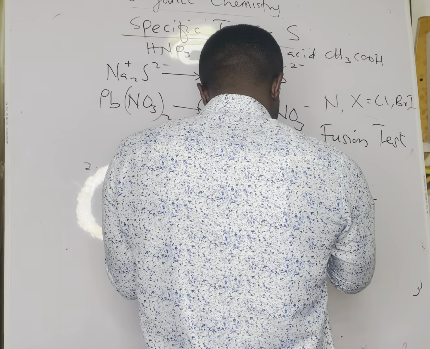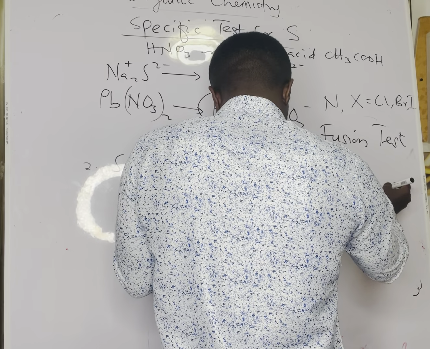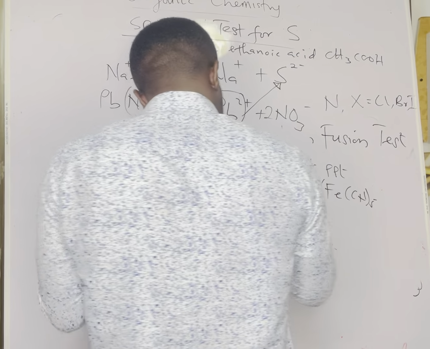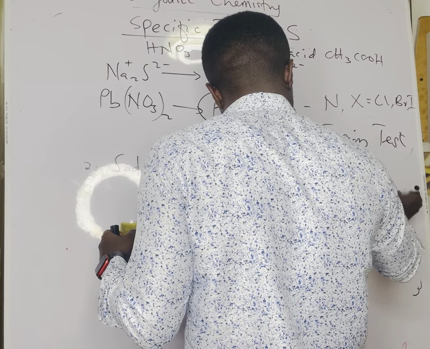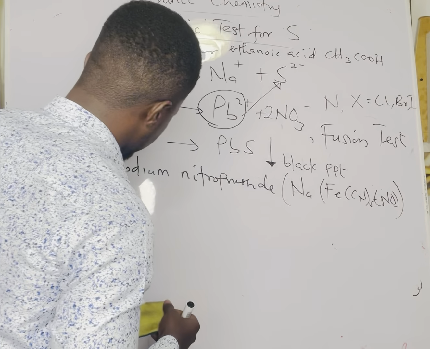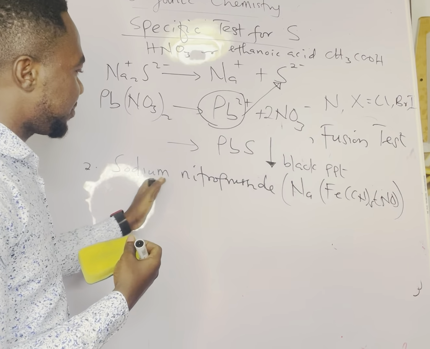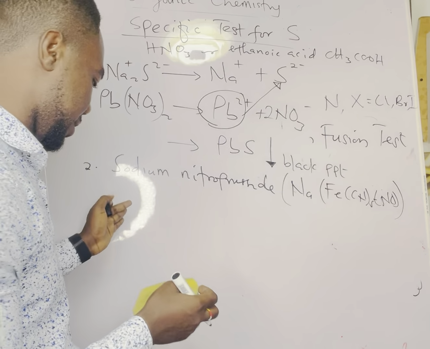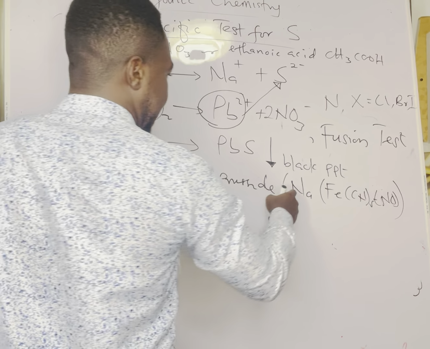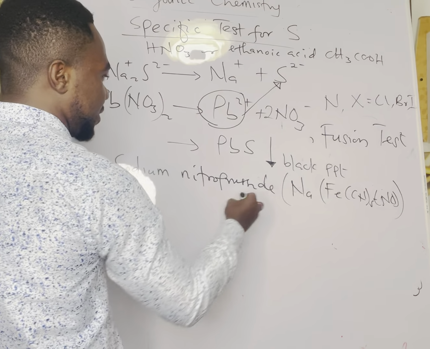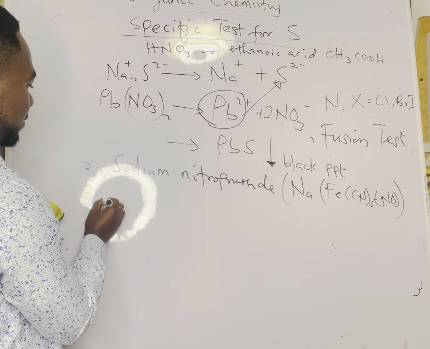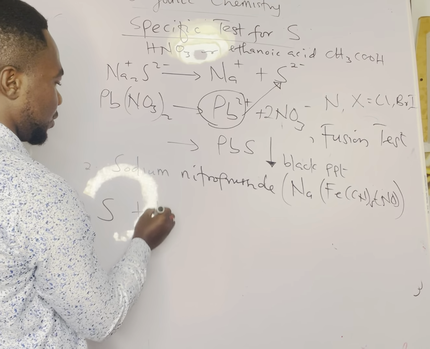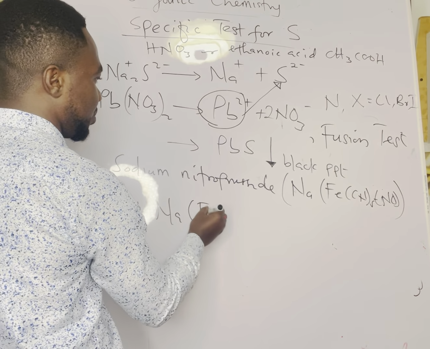Sodium nitroprusside will be added. Get your NO like this. Okay, so addition of freshly prepared sodium nitroprusside to the mixture, your filtrate, will make the sulfur bond with the sodium nitroprusside.